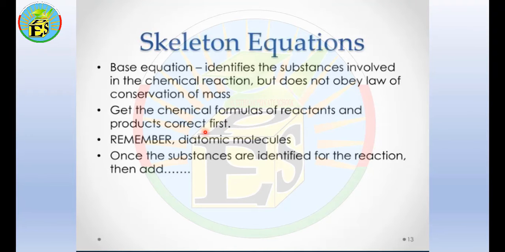We must balance the chemical equation to have the same mass in reactants and products. Remember diatomic molecules. Once the substances are identified for the reaction, then add them. This is the skeleton of a chemical equation.